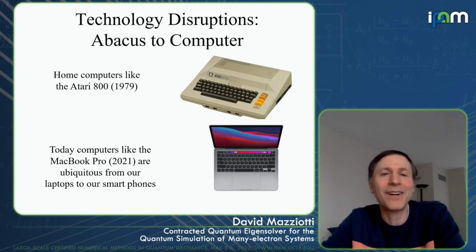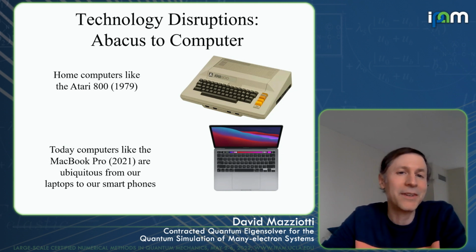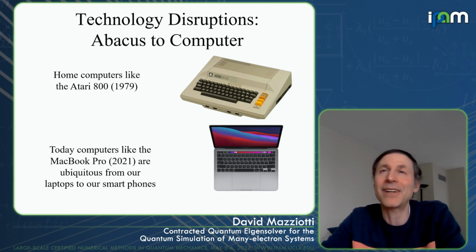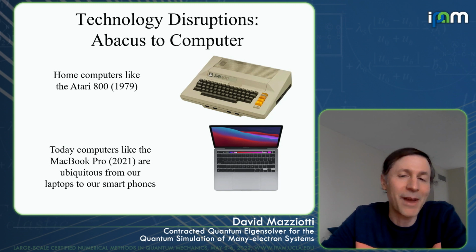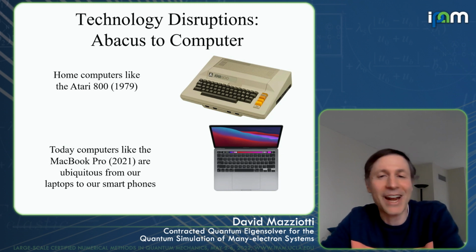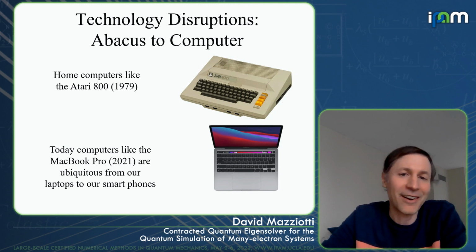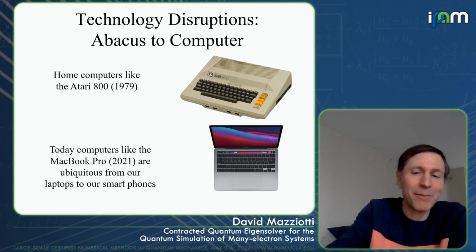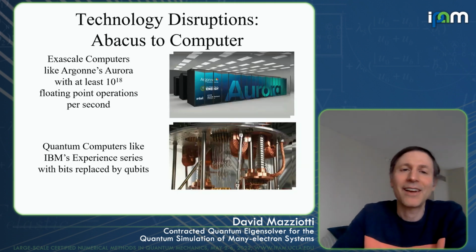Perhaps some of you remember the beginning of personal computing in the early 1980s. Computers like the Atari 800, pictured here, had something on the order of 16 kilobytes of memory. Of course, a fraction of what we now carry in our phone, for example. And today we have laptops like the Mac and other laptops.